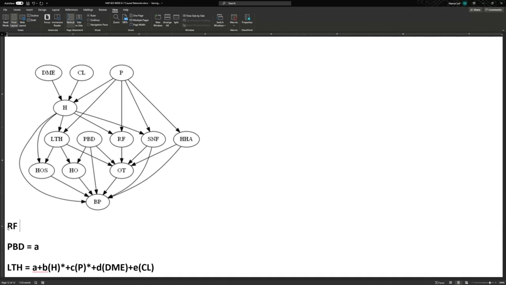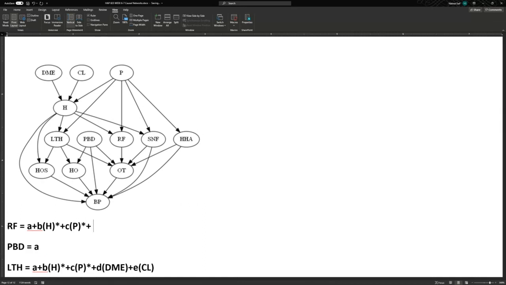RF would be equal to A plus, I see H and P as main ones. C, P, plus.